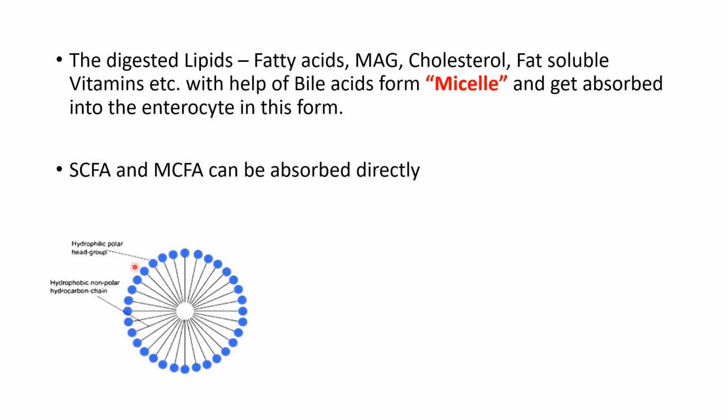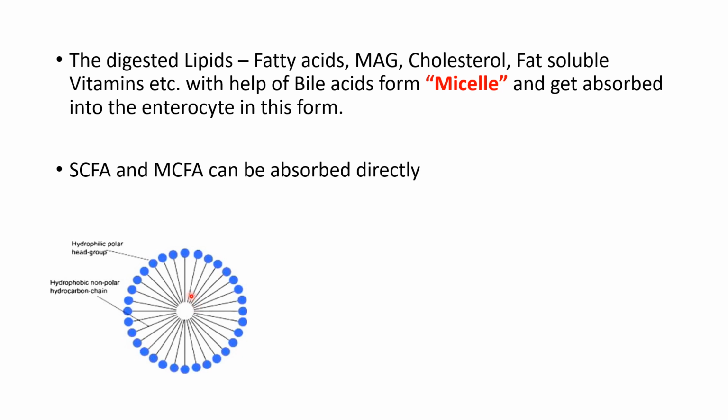The hydrophilic polar head groups are towards the outside and hydrophobic non-polar tails are towards the inside. So what happens? This outside structure is water soluble, so it can help in their absorption. On the other hand, this inside is hydrophobic, where all these lipid structures, that is fatty acid, MAG, cholesterol, vitamins, etc., all of them can safely reside here.